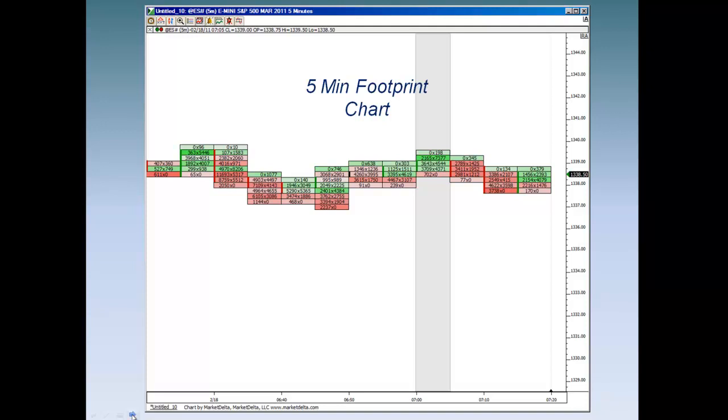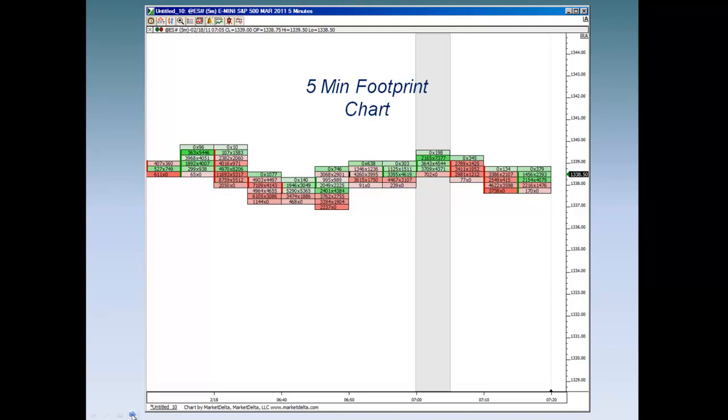I don't like to use anything smaller than the 5 minutes simply to allow you adequate time to analyze, because you have to look at the market and there are a number of different variables that you have to keep your eye on. If you start looking at smaller time frames, they become far too noisy, and at the same time you don't have adequate time to do the analysis that you need.